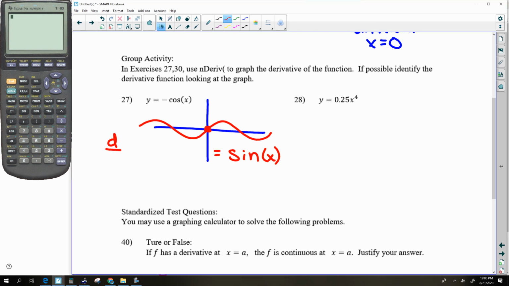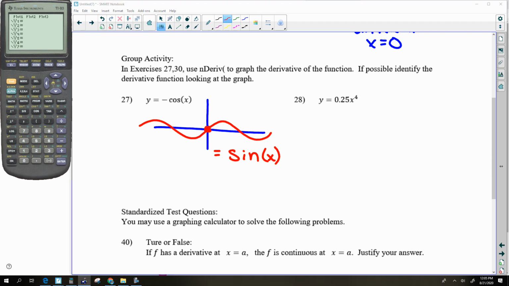And we know that because, again, what is the derivative of cosine? The derivative of cosine is negative sine. But what would the derivative of negative cosine be? Well, it would be sine. The derivative is sine. And so by looking at the picture, that's what it'd be.